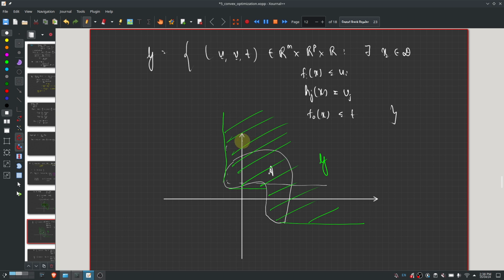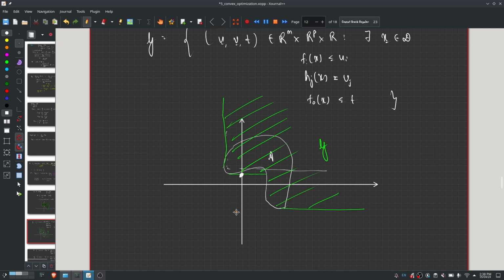If you look at the left half of this particular plane, then the lowest point that is achieved in G corresponds to the constrained minimum. In this case, this point over here would correspond to the constrained minimum.